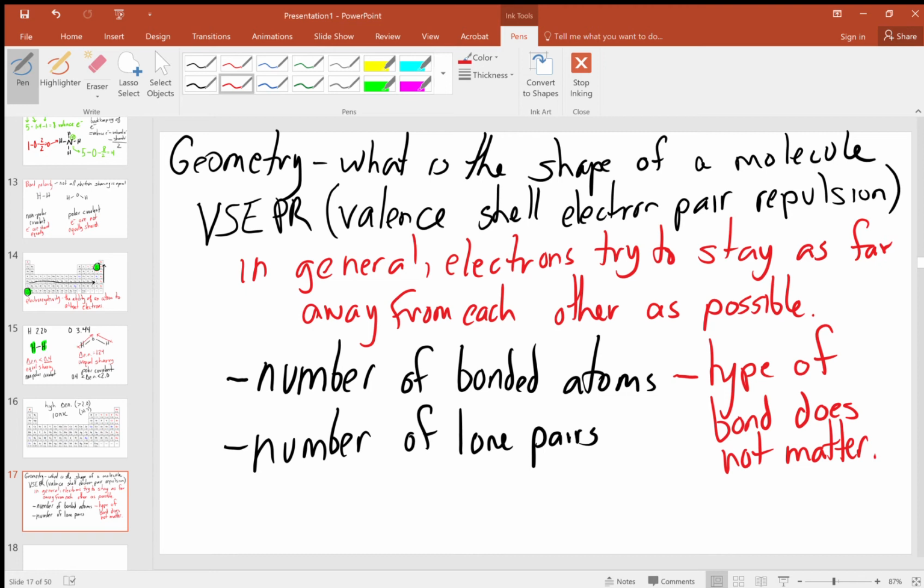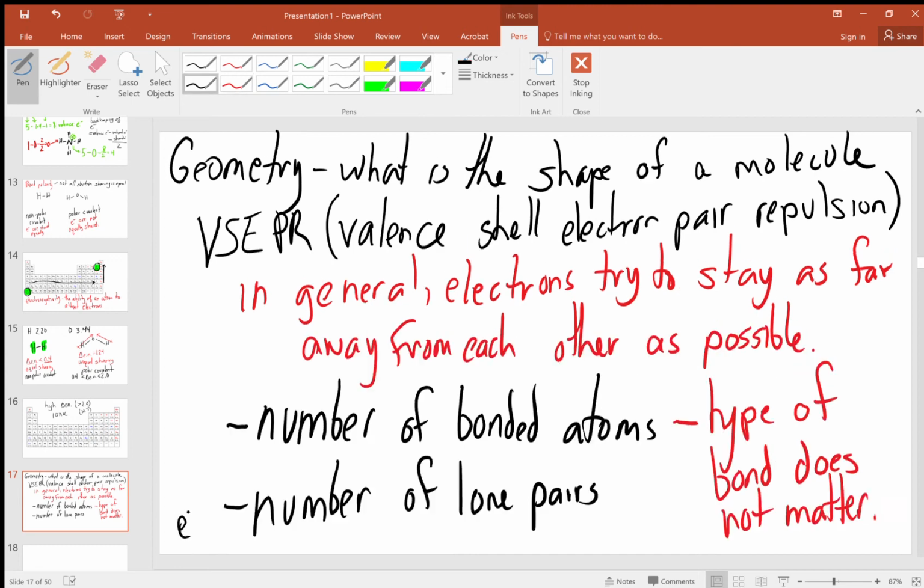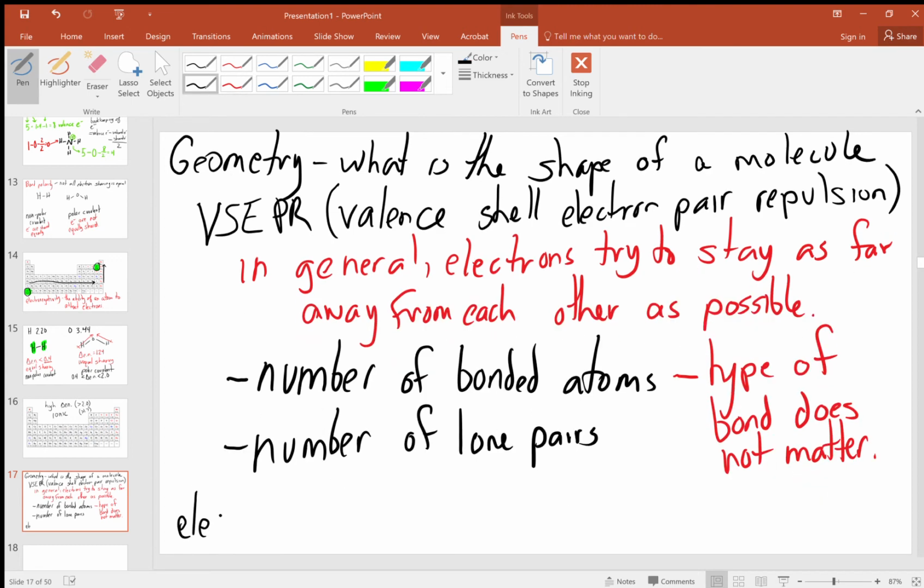So before we get into these specific geometries, we have a term that we want to define, which is the term electron domain. And so one electron domain is equal to any bond.